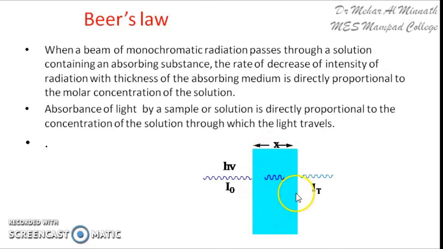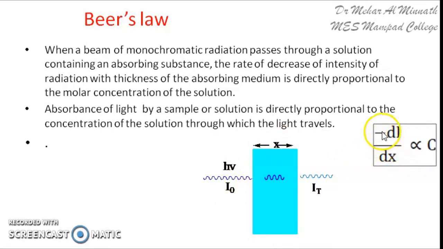What is the concentration of the solution? Depending upon that, there will be a decrease in the intensity of the radiation. Quite obvious, because depending upon the concentration, the absorption changes, and it's only what is left after absorption which is being brought out. So in other words, absorbance is directly proportional to the concentration of the solution through which the light travels.